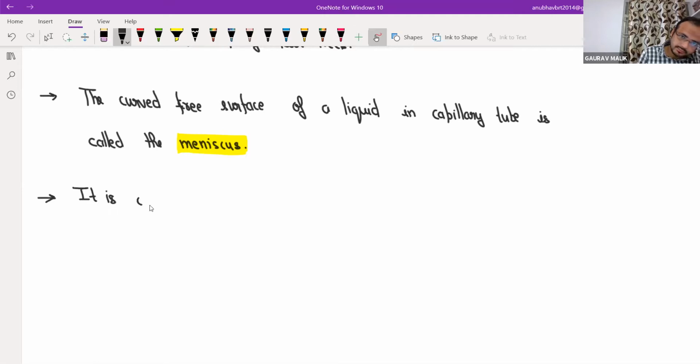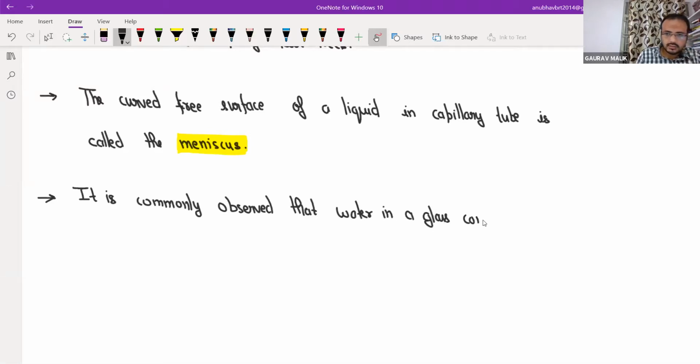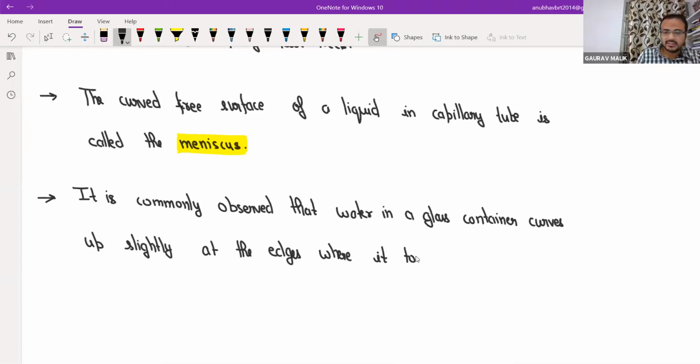It is commonly observed that water in a glass container curves up slightly at the edges where it touches the glass surface. But the opposite occurs in mercury.